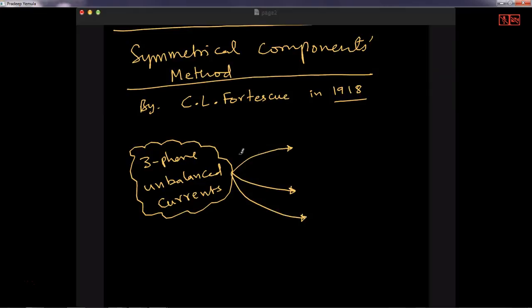The first component is positive sequence. The second component is negative sequence. And the third component is zero sequence. That means if I add this positive sequence plus negative sequence plus zero sequence, I'll get the three phase unbalanced currents.